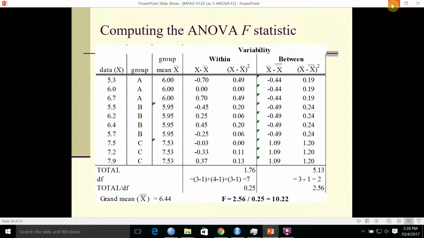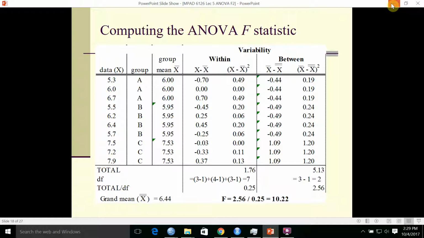Doing the between is very similar, although I would point out that the grand mean for all of the observations, the mean of all those observations in the left column, is actually calculated for you down in the very bottom left corner, and that is 6.44.